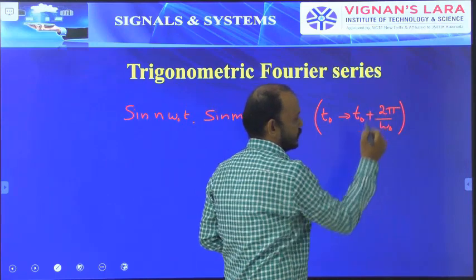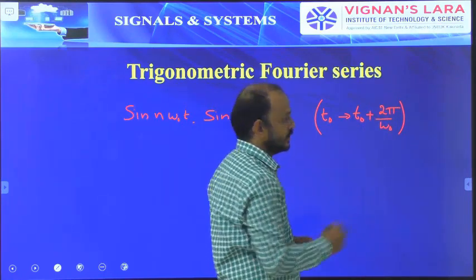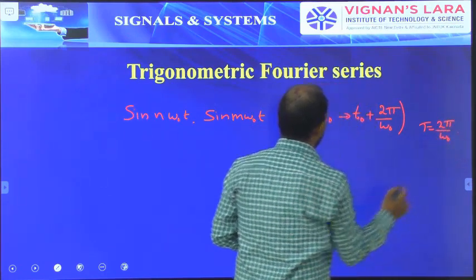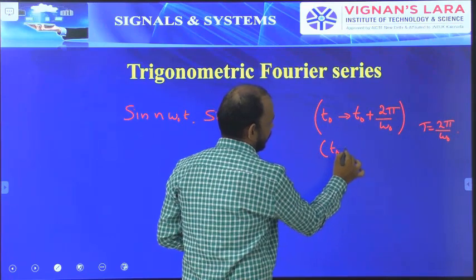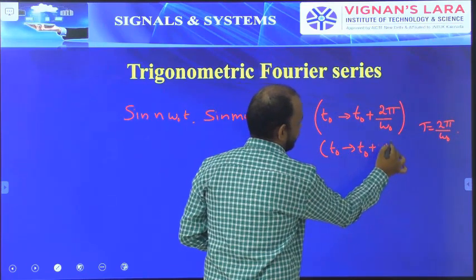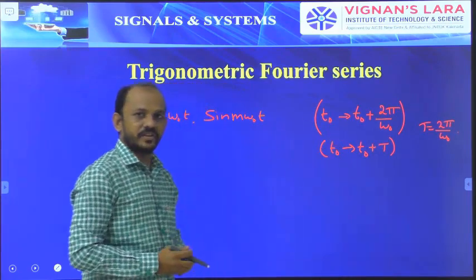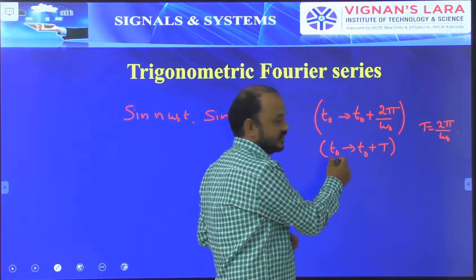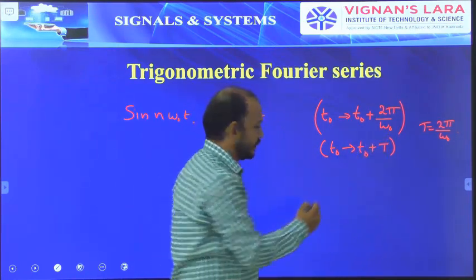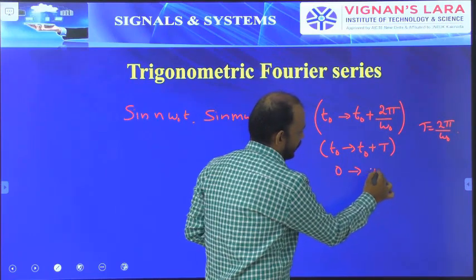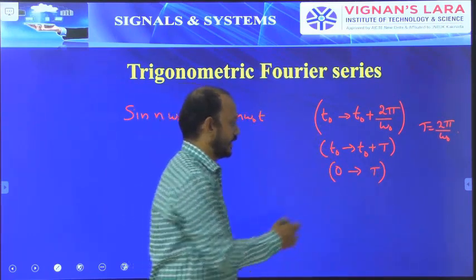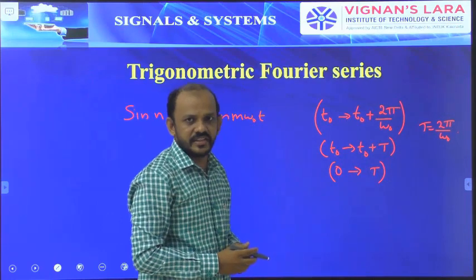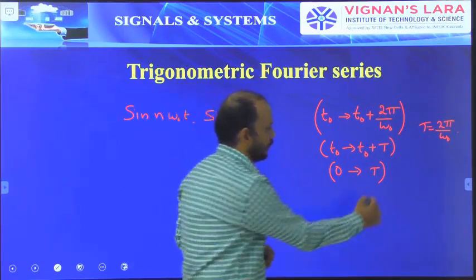And we all know 2 pi by omega naught is nothing but capital T. So simply we can write the integral from t0 to t0 plus capital T. Or if you want to simplify, if the starting time is 0, that is t0 equal to 0, then 0 to 0 plus capital T, that is, 0 to capital T. You can use anything, but if you want to keep it simple, you can go for this one.